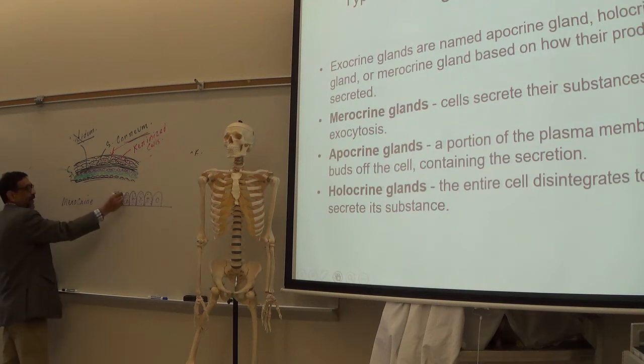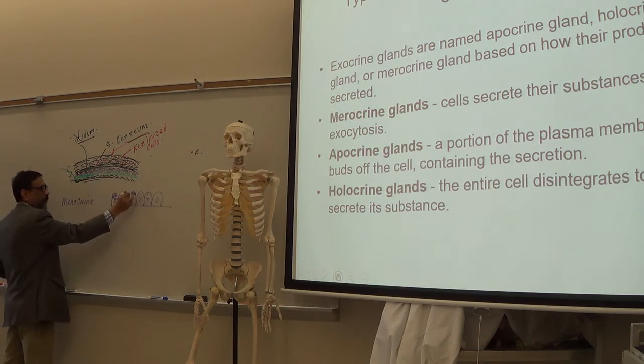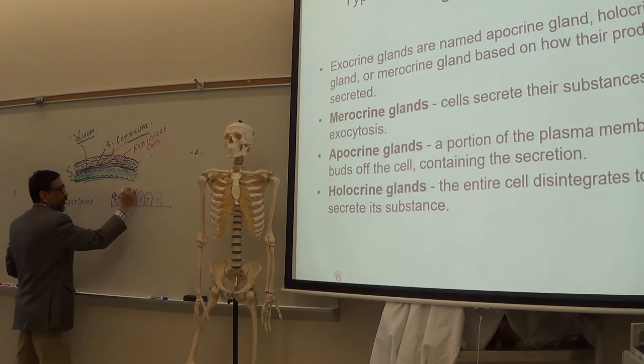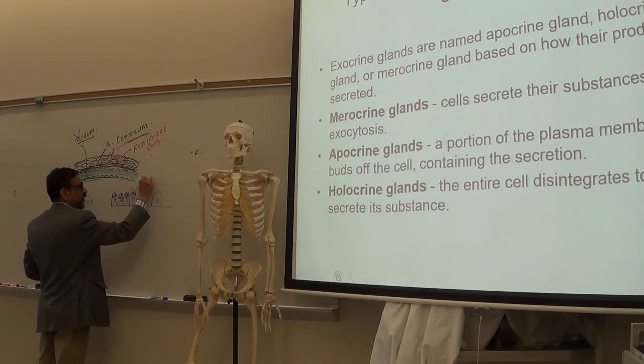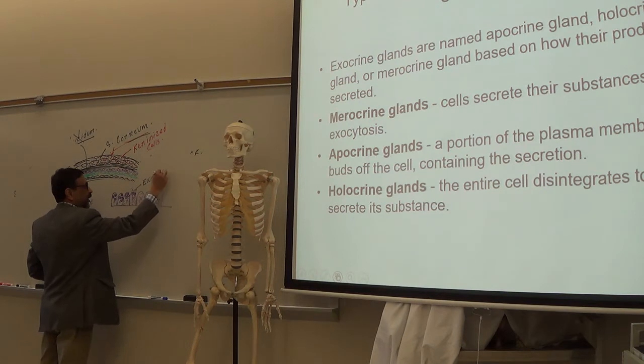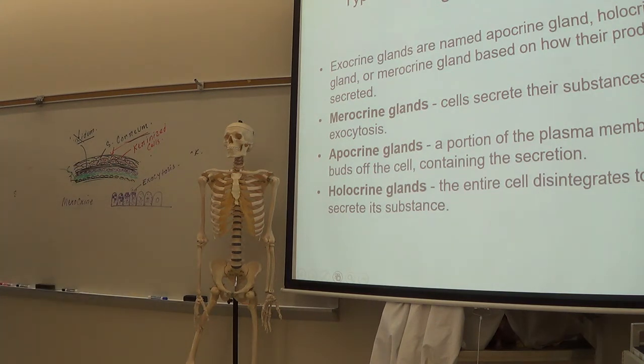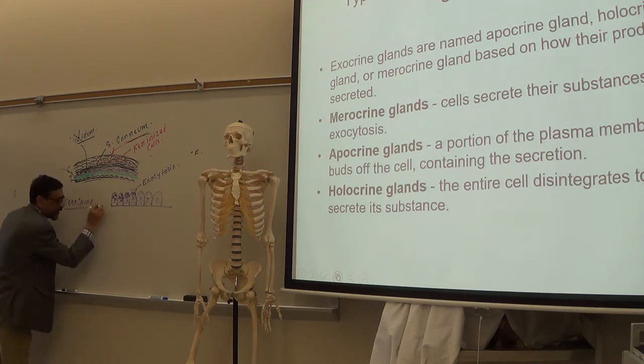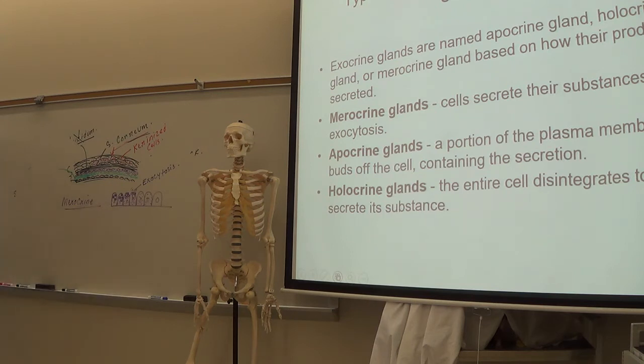These vesicles go to the apical end of the cells, gradually move up, and rupture to release the chemical. This is called exocytosis. By rupture of the vesicles, chemicals come out. That kind of secretion is called merocrine secretion.